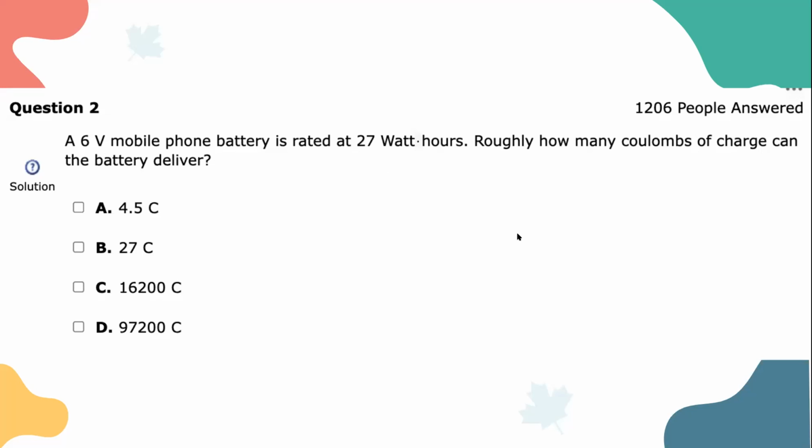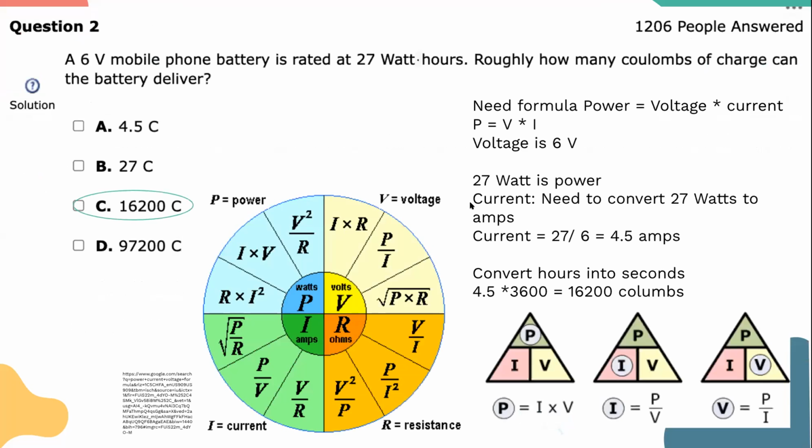And we do need to convert it to seconds. So you need the formula power is equal to voltage times current. The voltage is 6 volts, 27 watts is the power. And then we're going to need to convert watts into amps. So current is equal to the power divided by voltage, which gives us 4.5 amps.